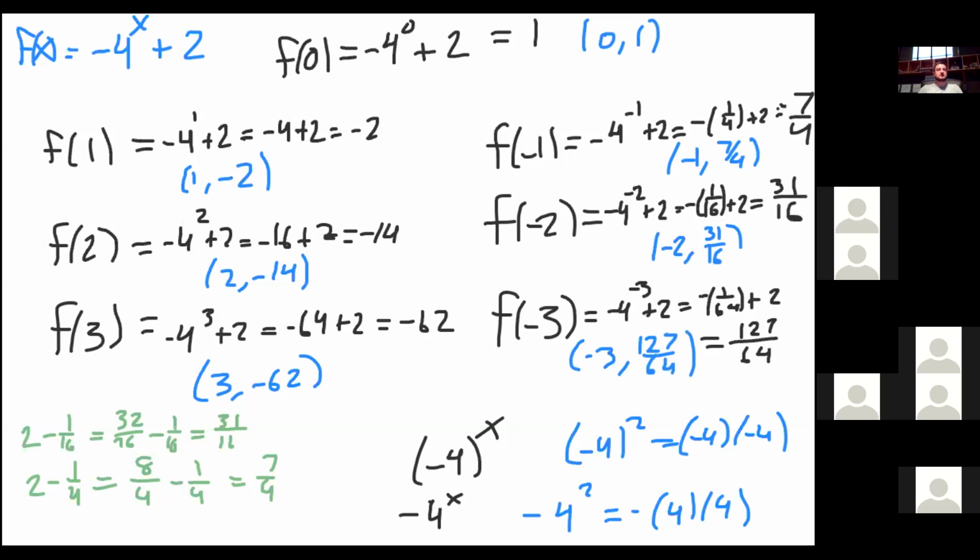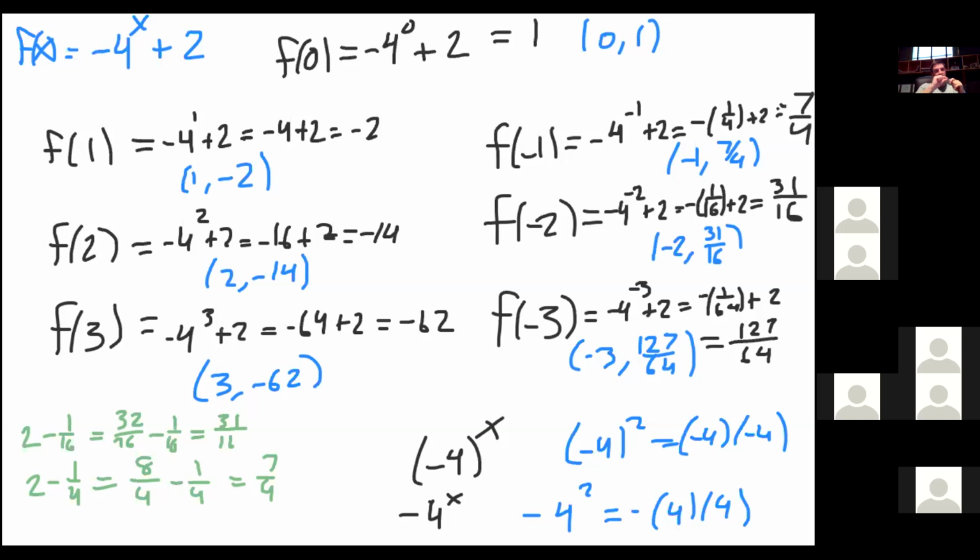Just doing some calculations here, but now I see as I'm traveling to the left on the x-axis, using these negative numbers, I'm again having this effect of leveling off. I'm getting closer and closer to that value 2. 7/4 is close to 8/4, which would be 2. 31/16 is also really close to 2. 127/64, again, is a value really close to 2. And we just see we keep getting closer and closer and closer.